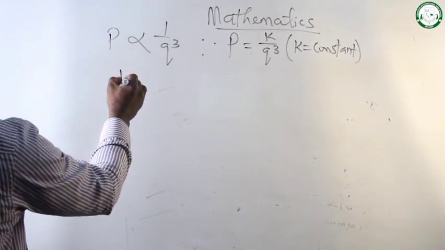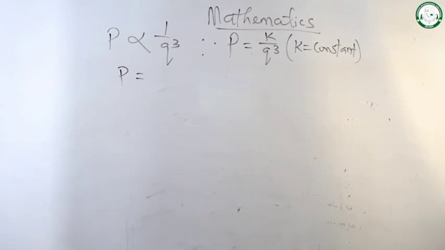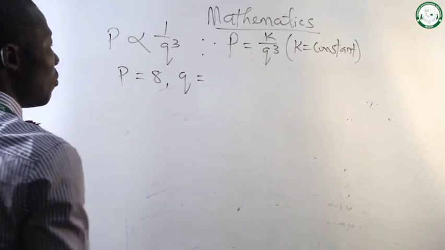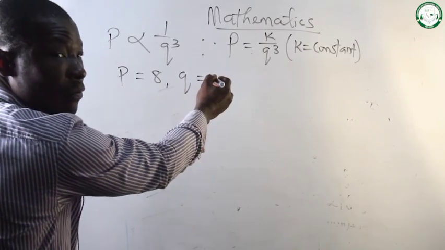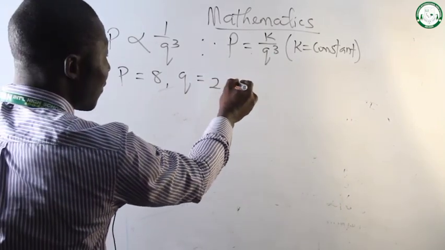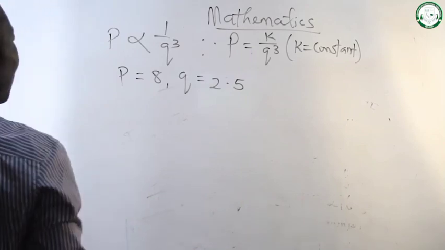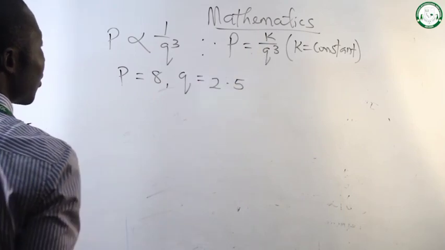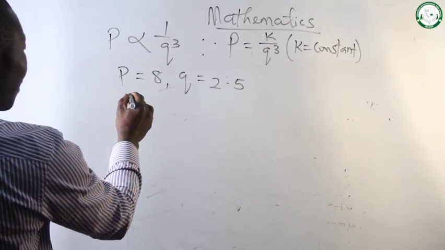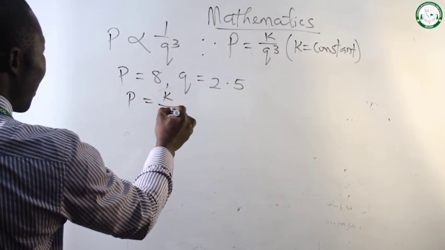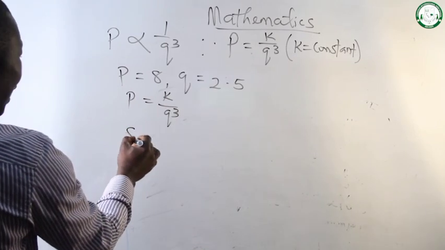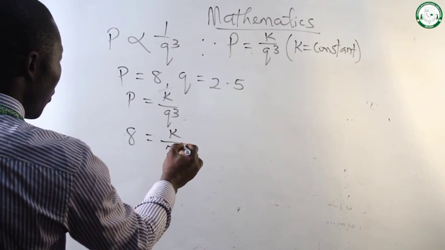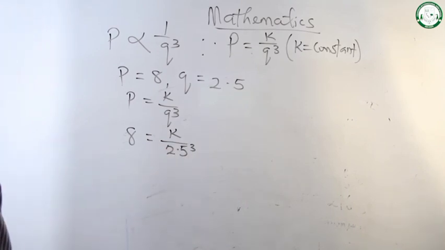So we are given P equals 8 and Q equals 2.5. So let's solve it together by substituting our values. It means that P equals K over Q raised to power 3, so 8 equals K over 2.5 raised to power 3.